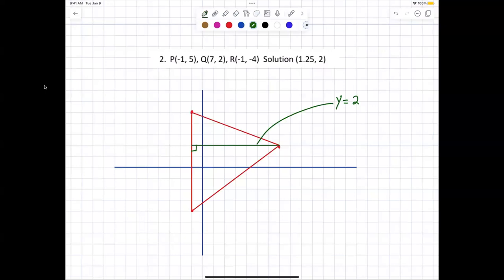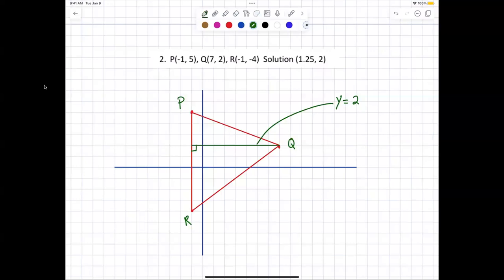All right. So now it's just a matter of you figuring out, do you want to do the altitude to PQ or to RQ? It's the height. Which one? RQ? All right, so let's figure out what RQ is.